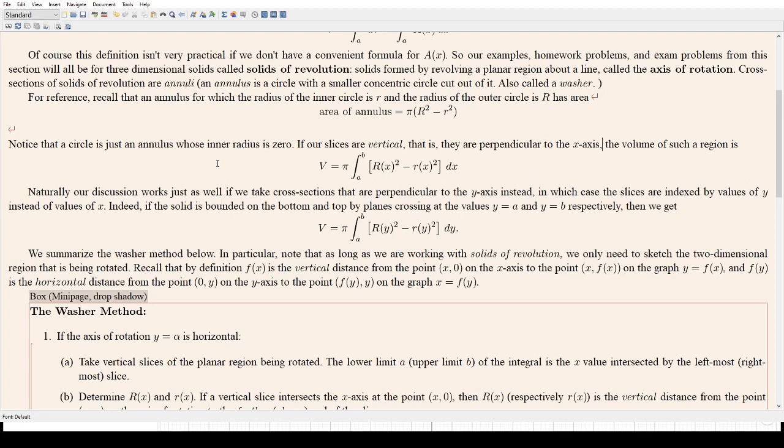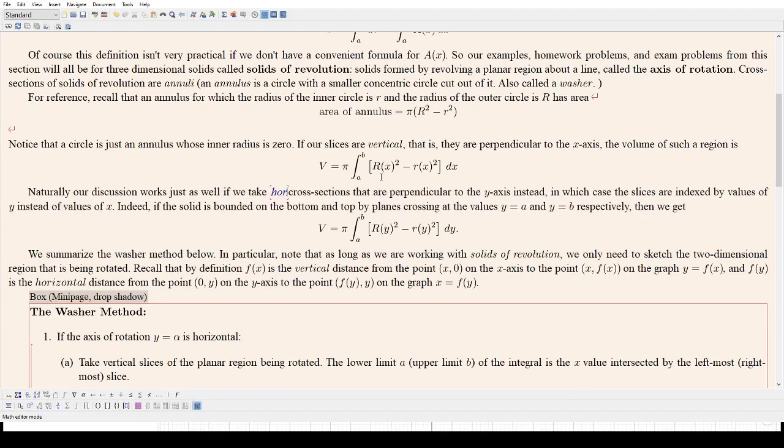And of course, this discussion works just as well if, instead of taking cross-sections perpendicular to the x-axis, we take cross-sections perpendicular to the y-axis. So these are horizontal cross-sections.